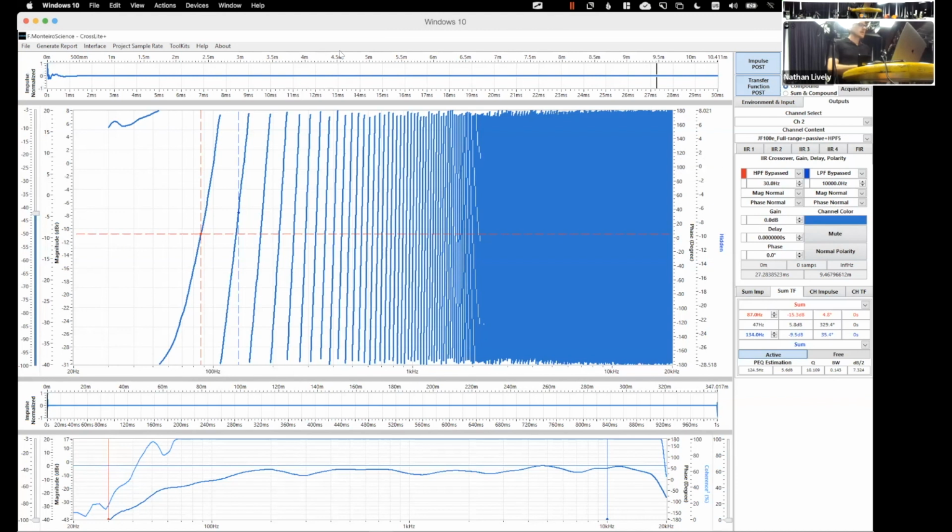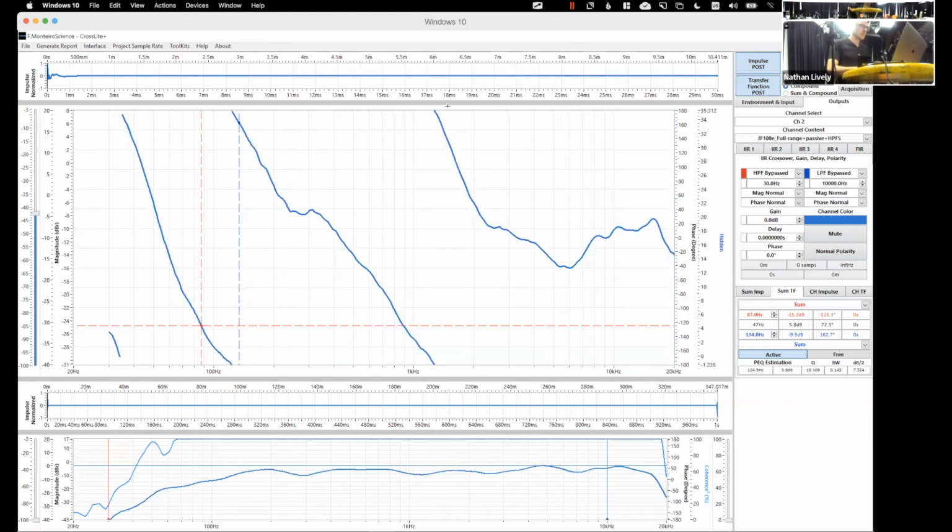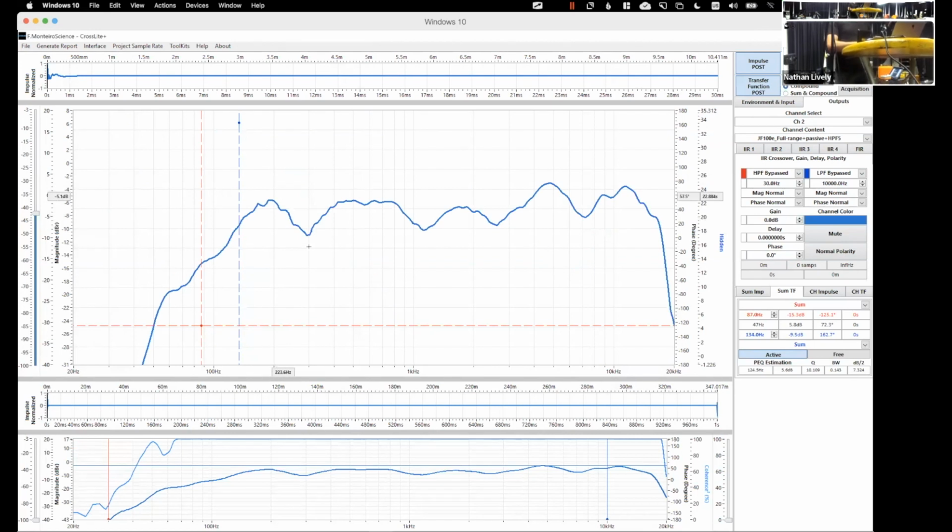Anyway, okay. So, we have actionable data here, even with some amount of ripple here and a little bit of comb filtering. You can do that too.